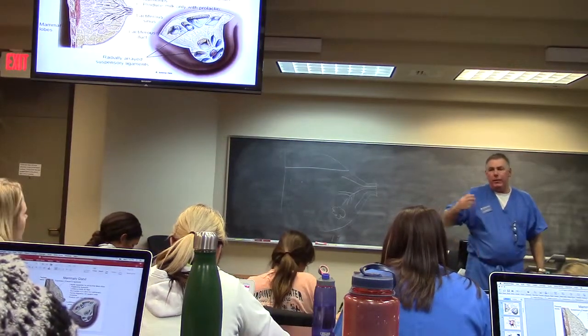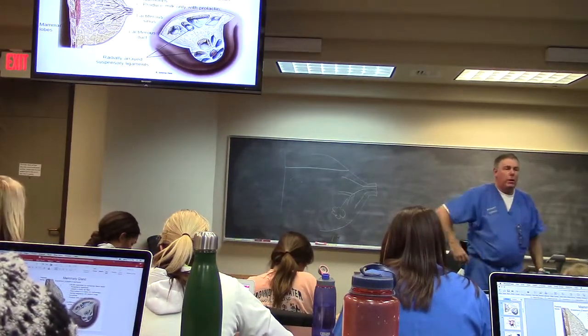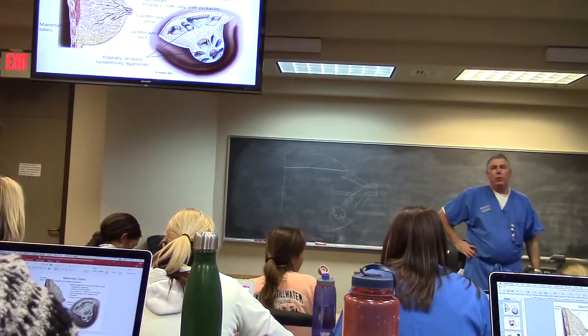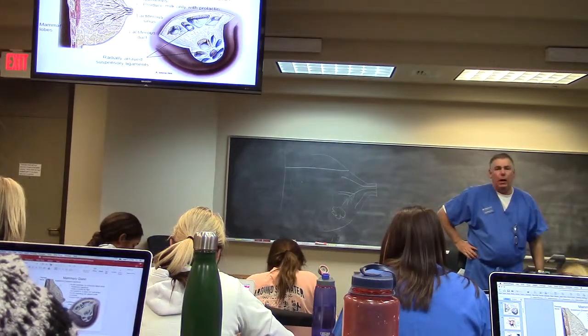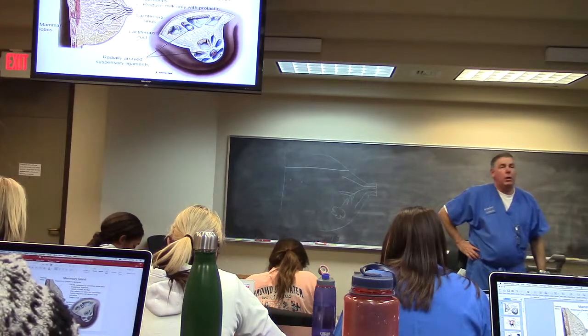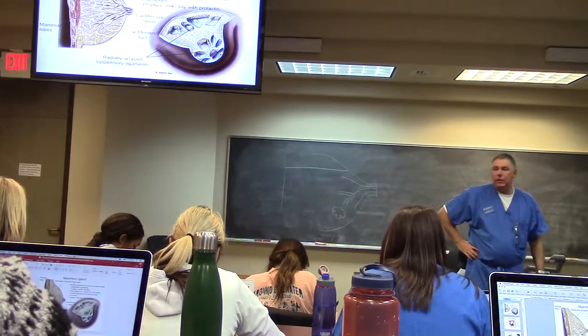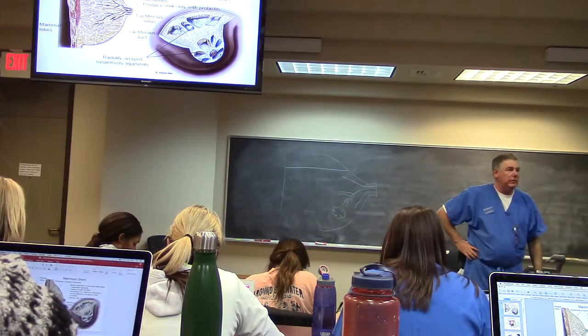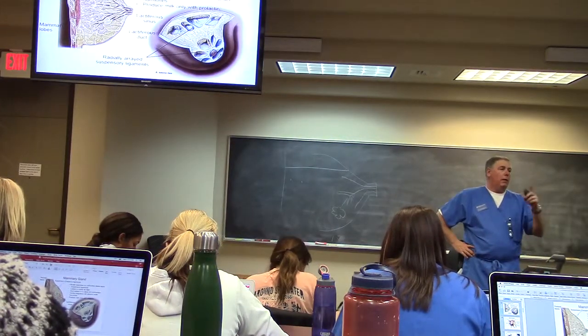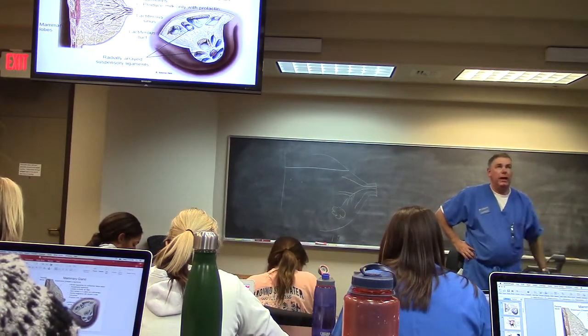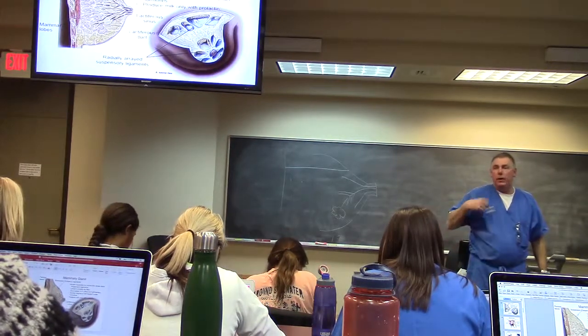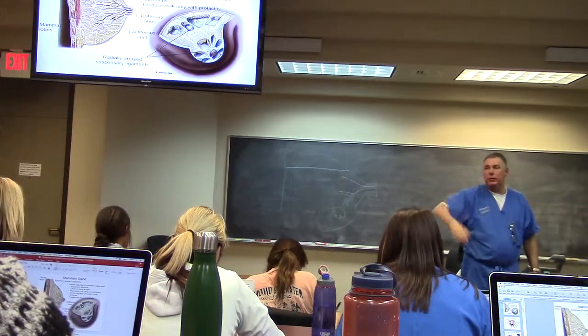But the flow of milk occurs because of another hormone called oxytocin. Oxytocin causes what's called the milk letdown reflex. So prolactin stimulates the production of milk, and oxytocin is not up here on this slide. Oxytocin actually provides for the discharge of milk.